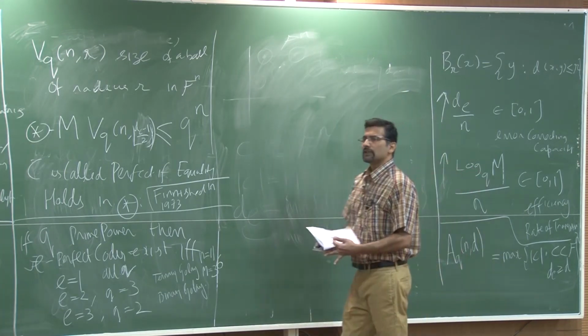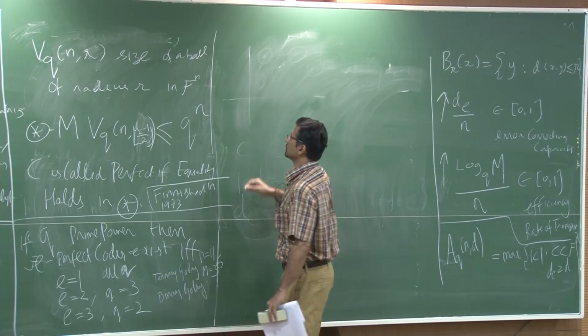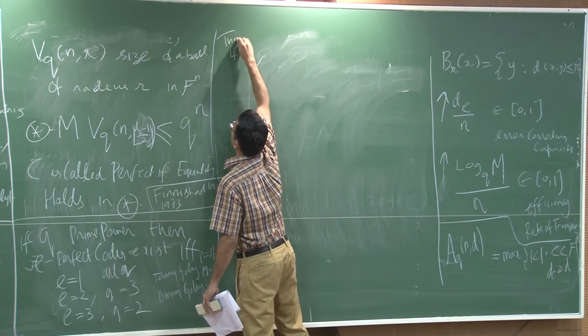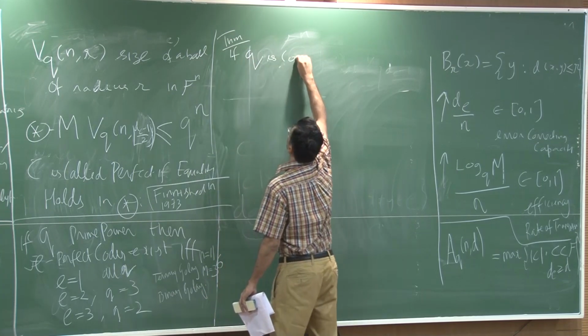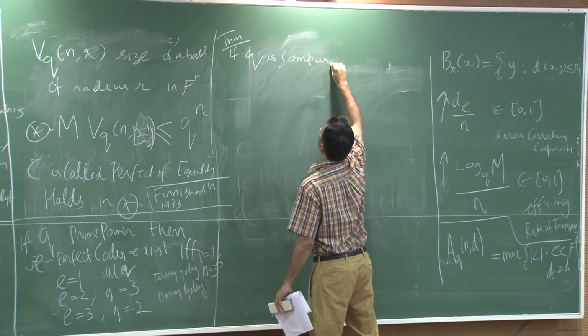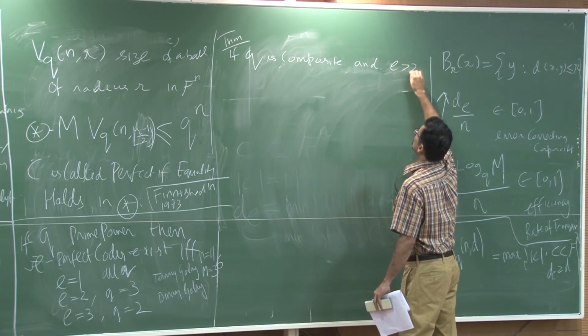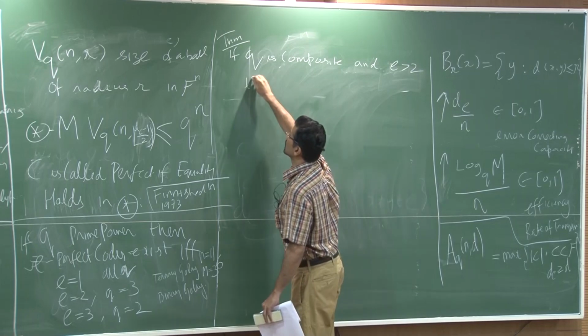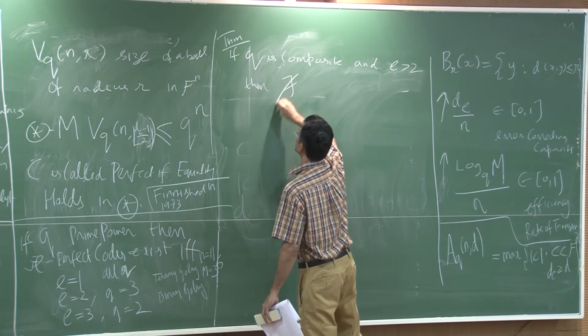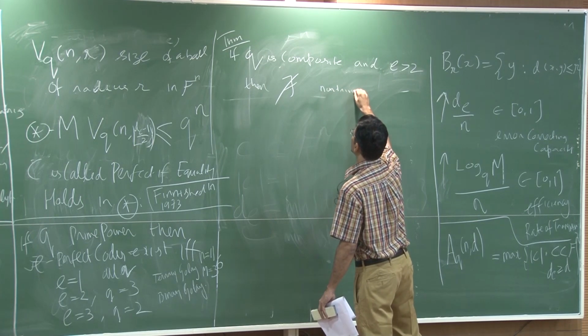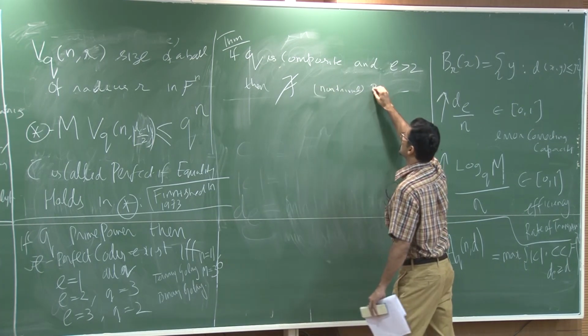There is a theorem: if q is composite and e is greater than 2, then there do not exist non-trivial perfect codes.